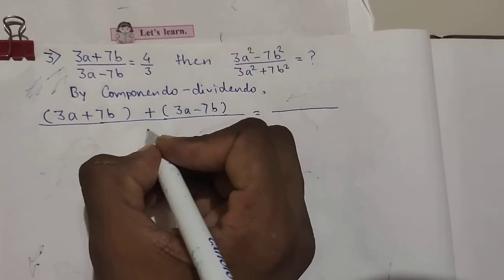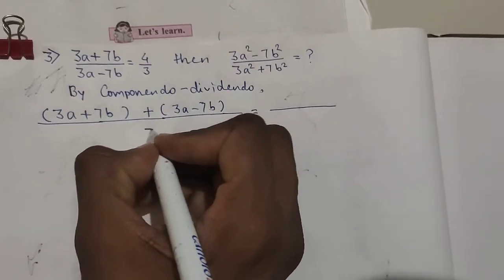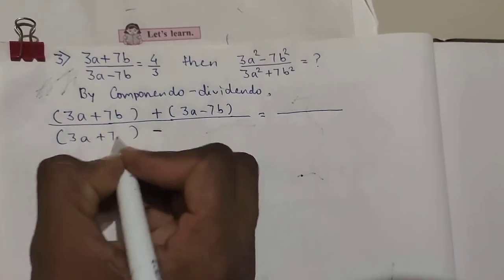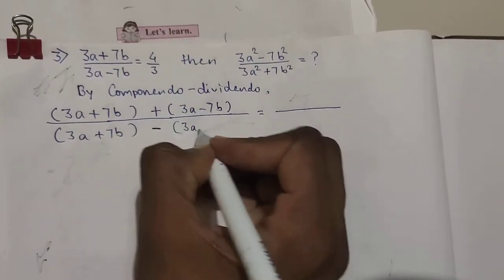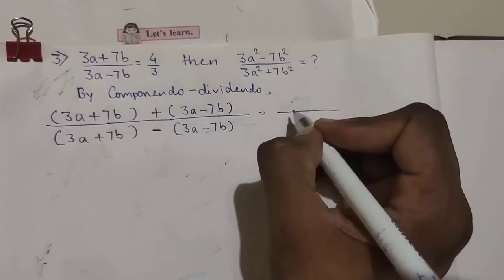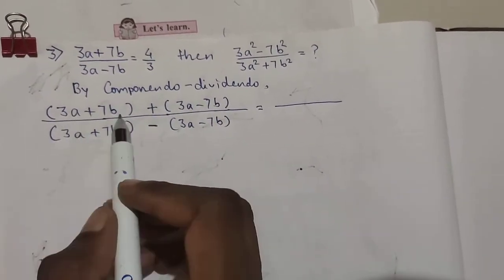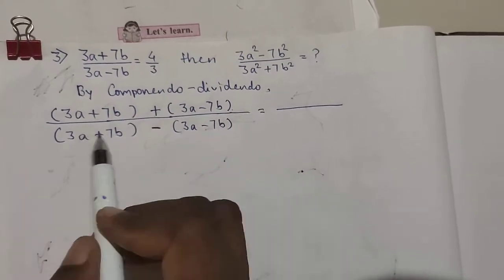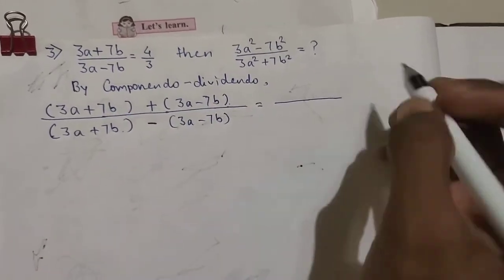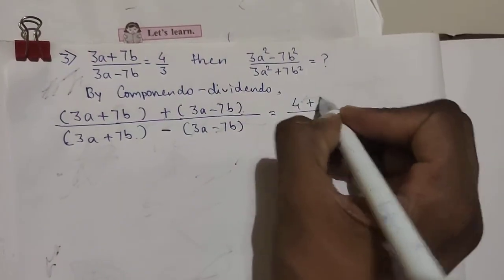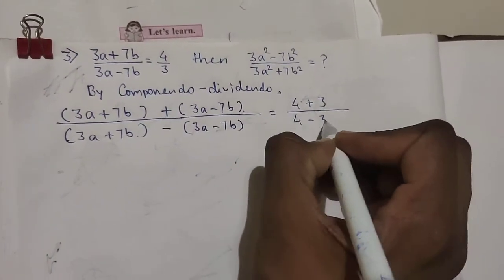Same way here also, but in between the minus sign will be there, so numerator minus denominator. Whenever you are using componendo dividendo, use this way: numerator plus denominator, numerator minus denominator. Now what is here? 4 upon 3, so this becomes 4 plus 3, 4 minus 3.